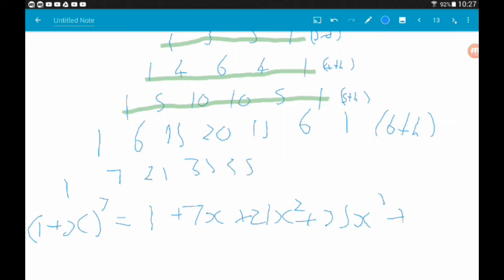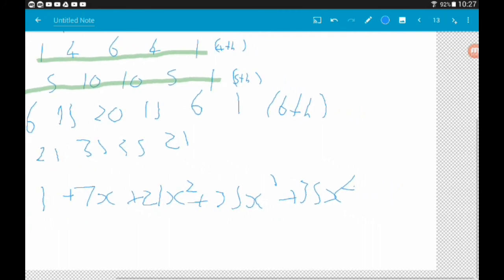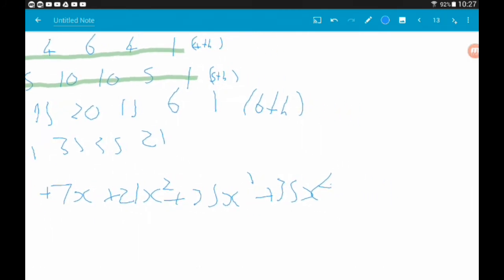So we got 35x to the power of 4. And then we've got 15 add 6, which is 21, so 21x to the 5.